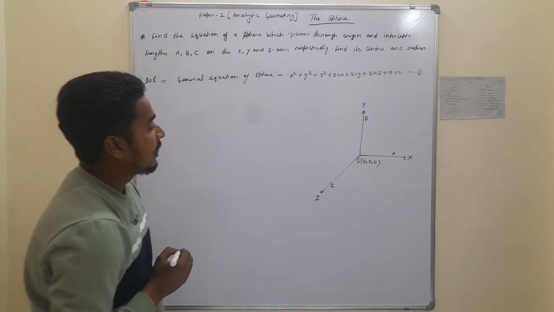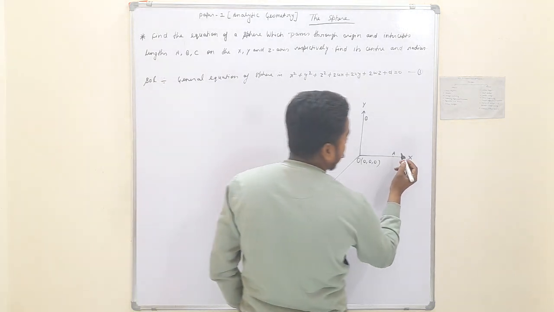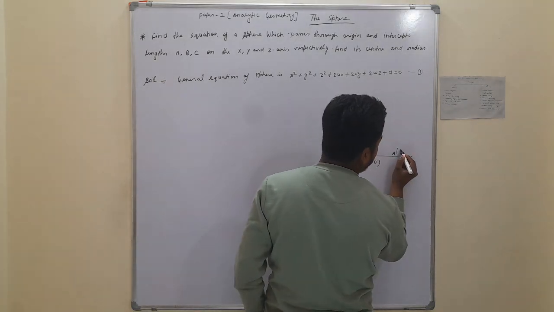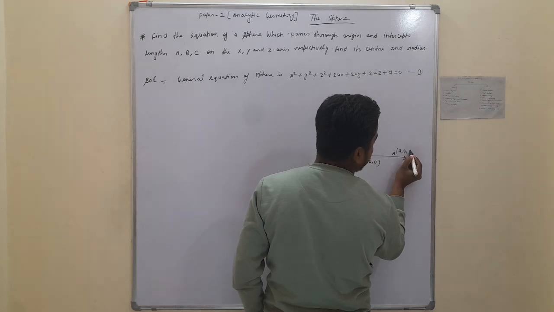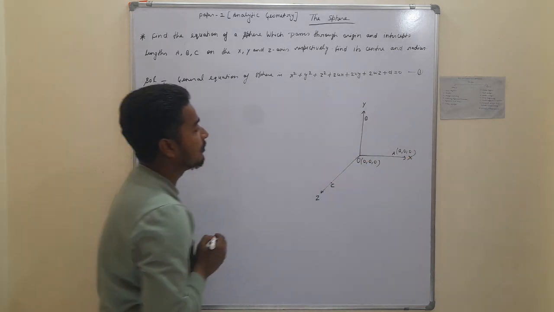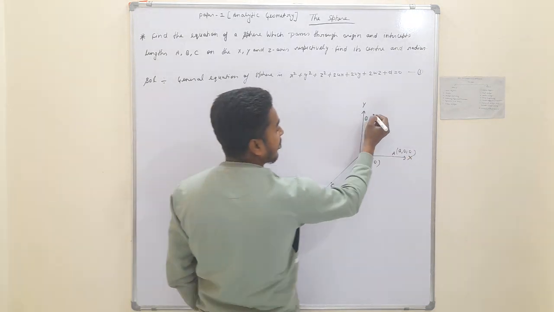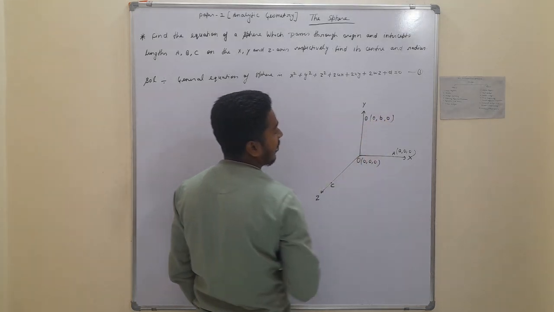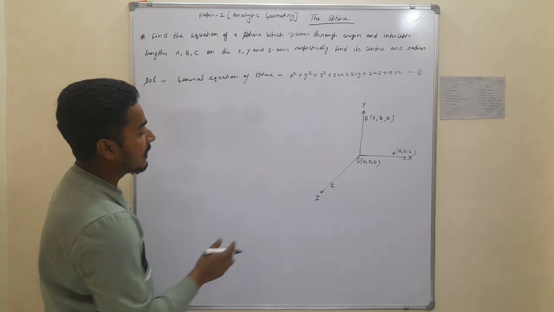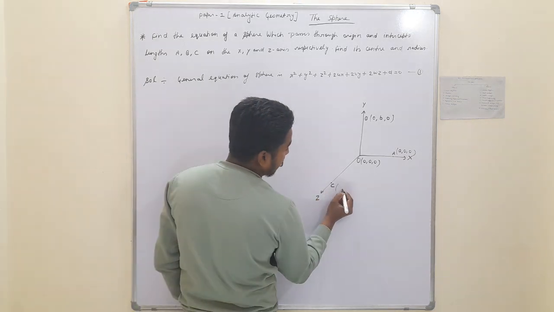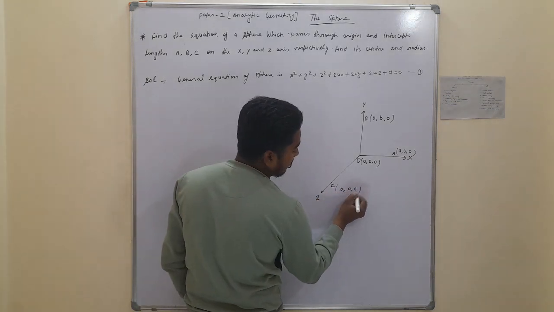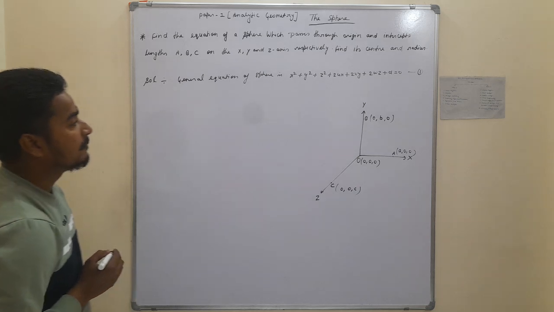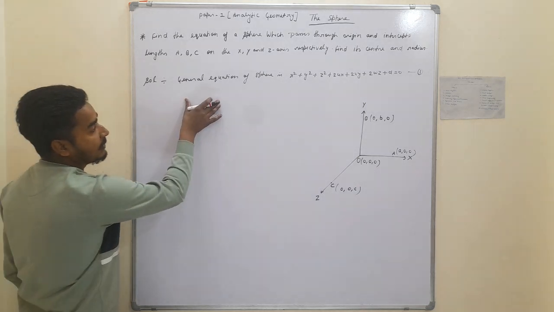The coordinates on the x-axis are a, 0, 0, on the y-axis 0, b, 0, and similarly on the z-axis 0, 0, c, and these points lie on the given sphere.